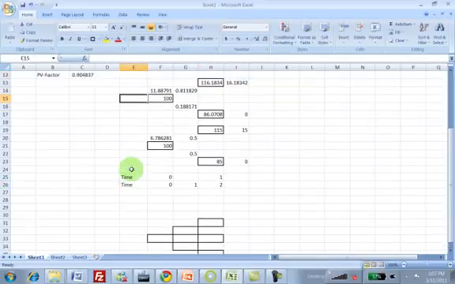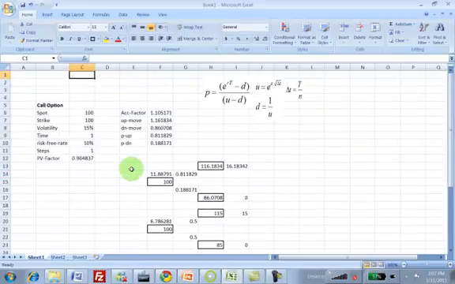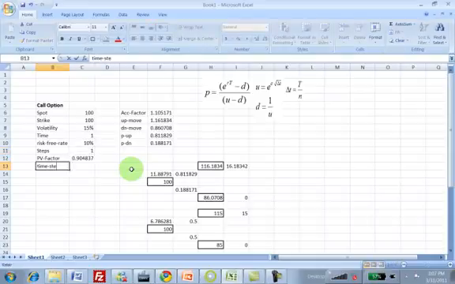I change the calculations and the numbers. Here I can simply change this, but this won't help because I have not defined or used these values. So I introduced a piece called time step, which is the time to maturity, 1, divided by the number of steps, and I increase the number of steps to 2.